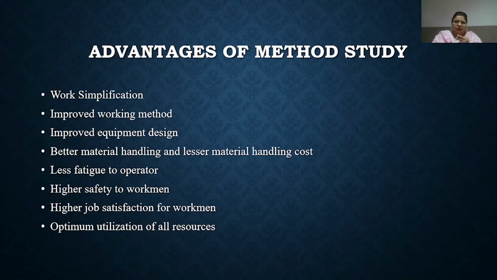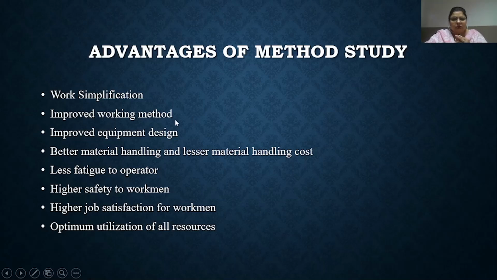Next one is, what are the advantages of method study? These are some advantages, the benefits we get through method study. Number one is work simplification. Through method study, we can easily minimize the work or simplify the work of every particular production unit. Next is improved working method.